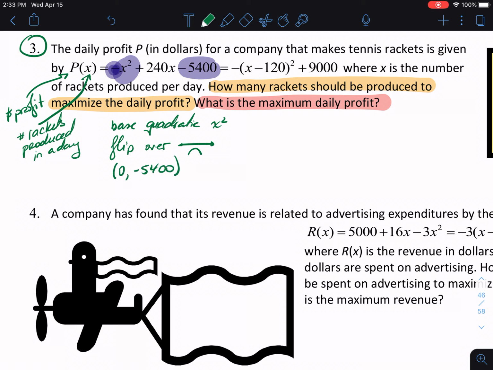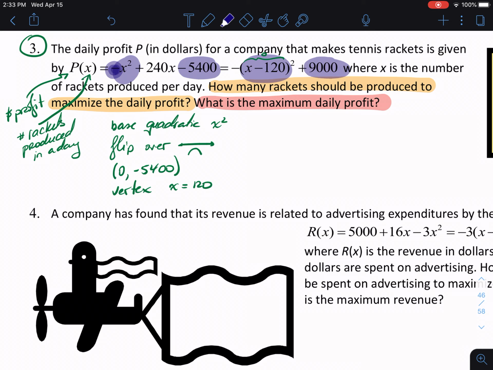Now, let's take a look at the second form, this other form. So we have an x minus 120 all squared. So the vertex here is going to happen when we're squaring 0. And that happens when x is equal to 120, right?